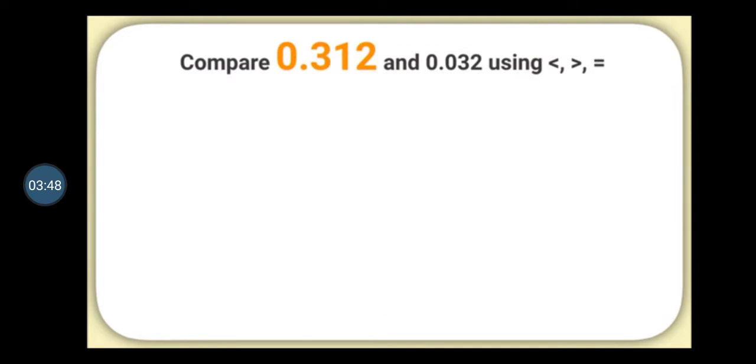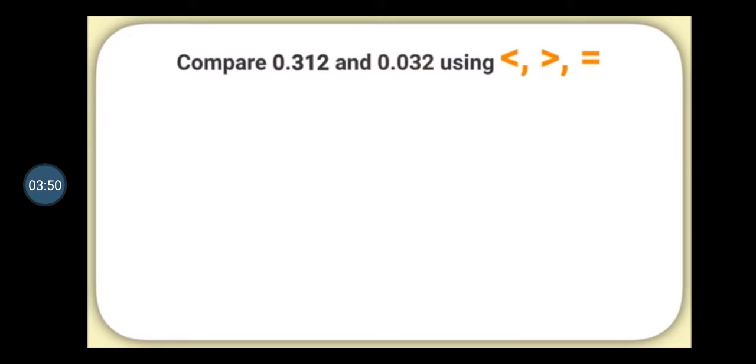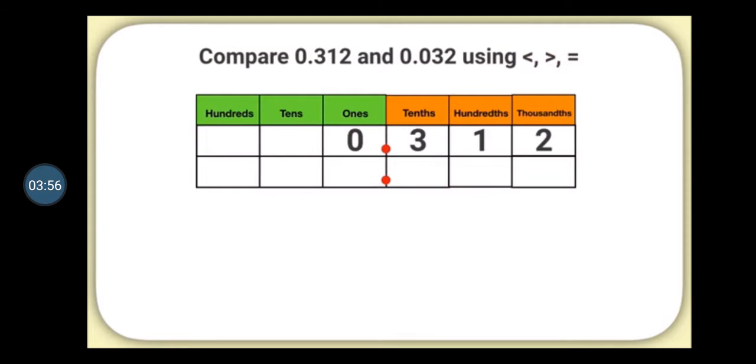Now let's do one more example. Here we have to compare 0.312 and 0.032. According to the first step, we have to place the digits and decimal point according to their place value. They must be lined up according to their place value.